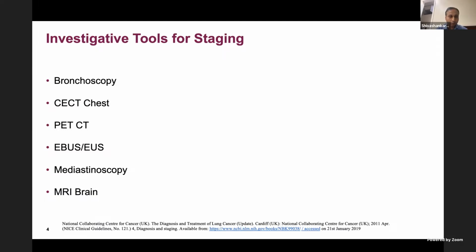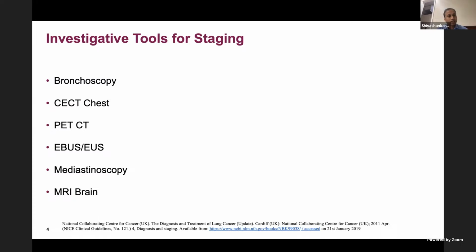The initial workup will always be CECT chest, and addition of PET-CT increases upstaging and also increases the sensitivity and specificity of mediastinal staging. In early stage lung cancers, we also do EBUS or US guided biopsy to prove mediastinal lymph nodal status, which will dictate whether to go for surgery or radiation therapy.